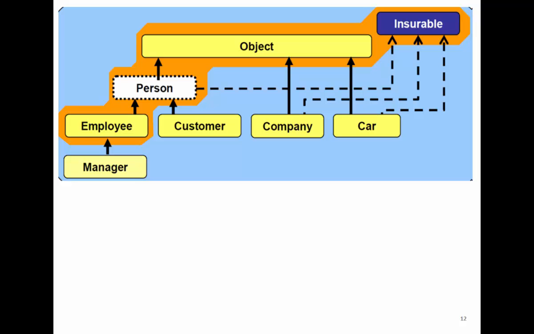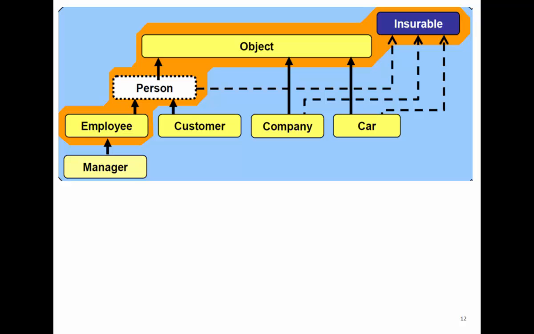Employee to Insurable, Person to Insurable, Customer to Insurable, Company to Insurable, Car to Insurable. If the class implements this interface, you can do typecasting to that interface. If the class doesn't implement this interface, you cannot.